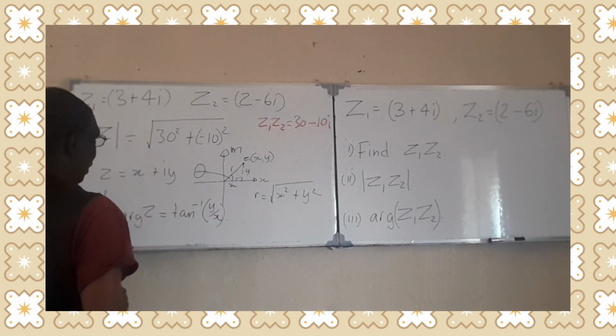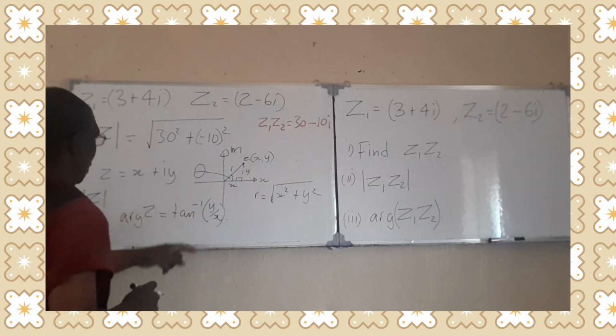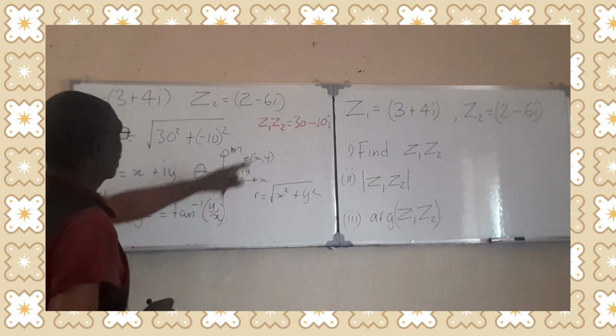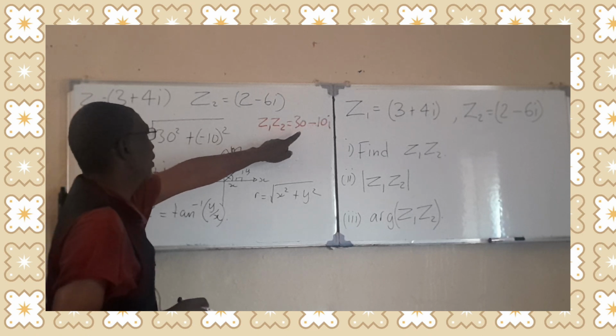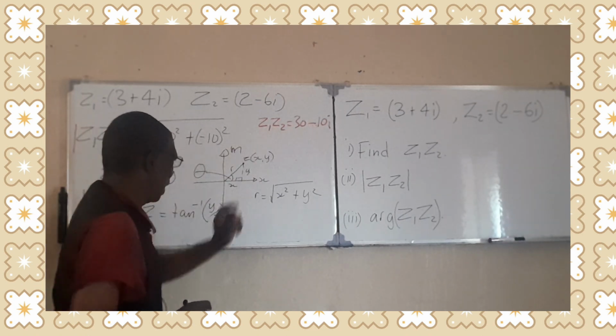With this in mind, what is our complex number z1 multiplied by z2? It's 30 minus 10. In other words, our x is 30, our y is minus 10.